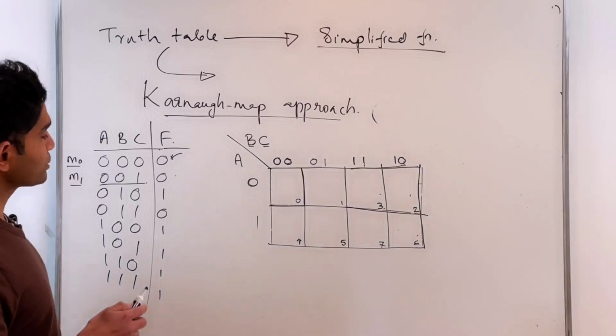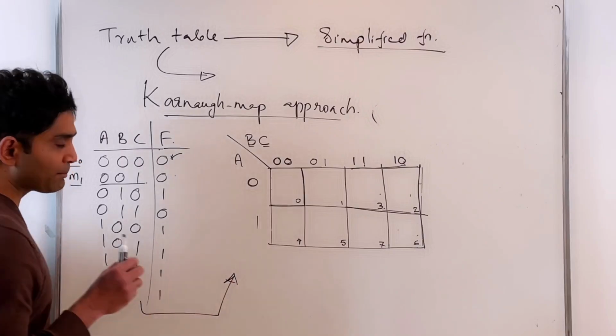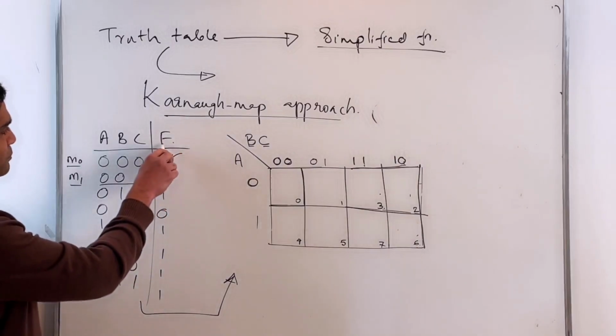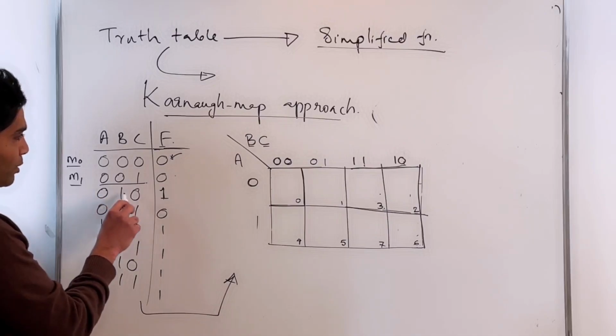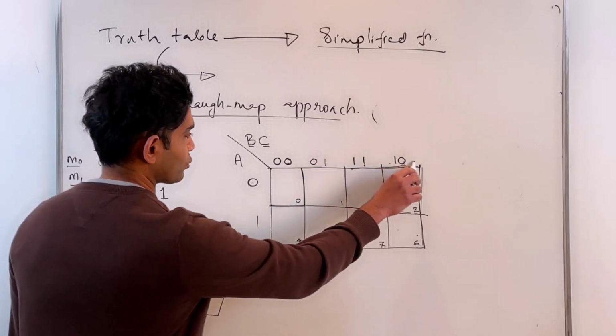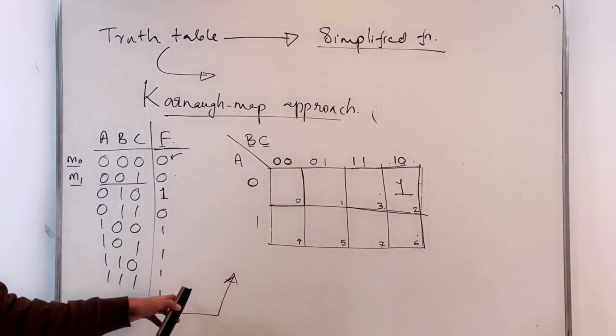For example, what would the truth table corresponding to this function be? You basically place ones for those input combinations for which the function is true. The function is true for the 0, 1, 0 combination, that's a 1. I place a 1 there because that's how my function looks.